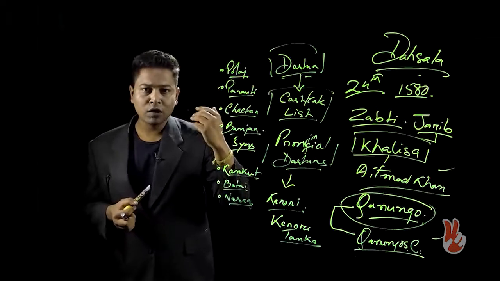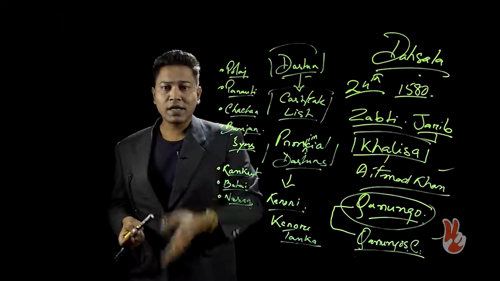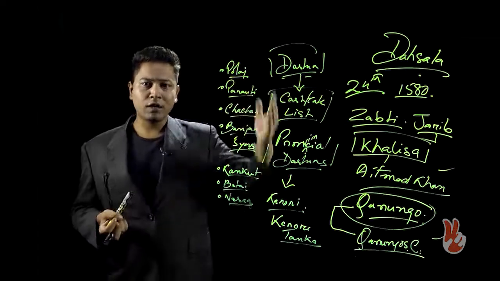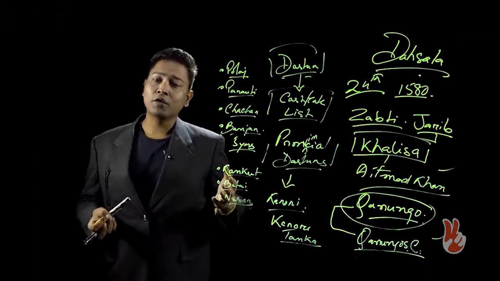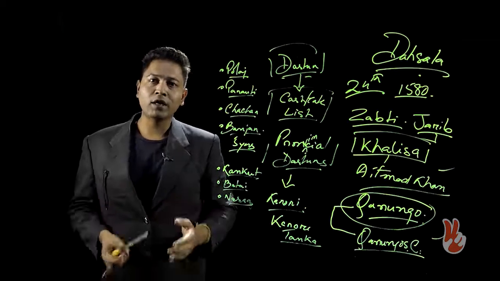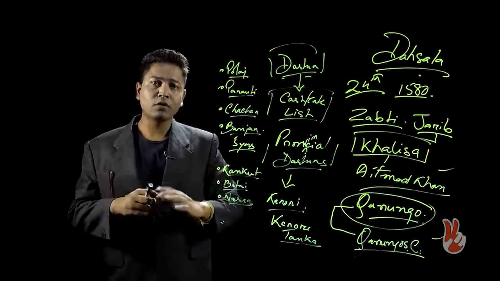So, the Kankut system was used. Sometimes there was the system of Batai used. Batai means the state and the cultivator would divide the crops amongst themselves, and the revenue will be paid in kind, by division of crops. Therefore, Batai, that is Batna, that is sharing.